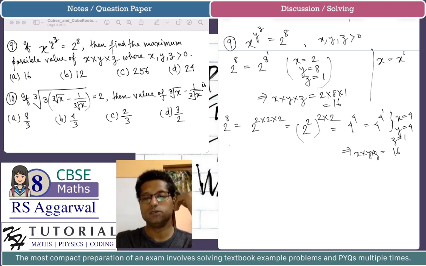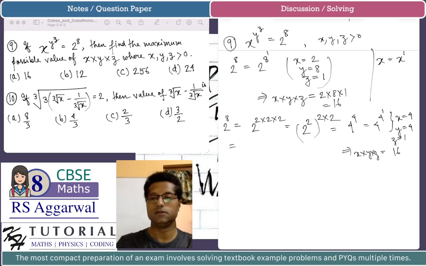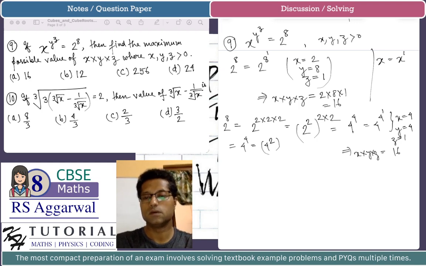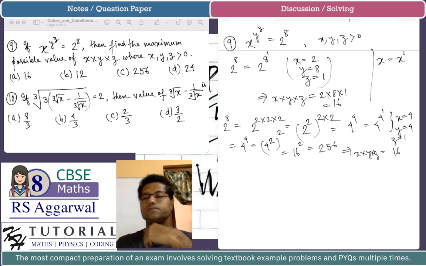The actual value in integer is 4 to the power 4. This means 4 square to the power square. This is equal to 16 square. So 2 to the power 8 is nothing but 16 square, which is equal to 256. Now the number 2 to the power 8 is 256.